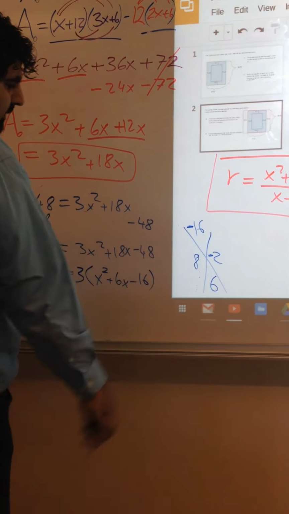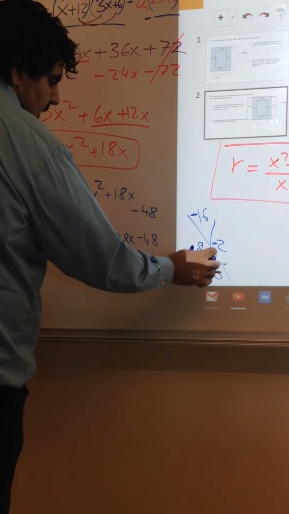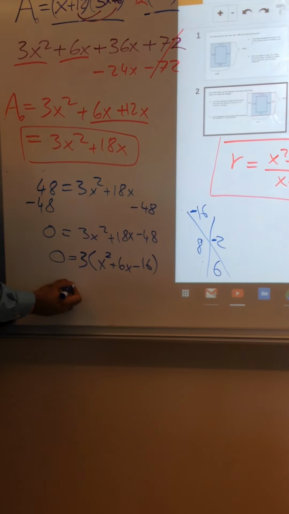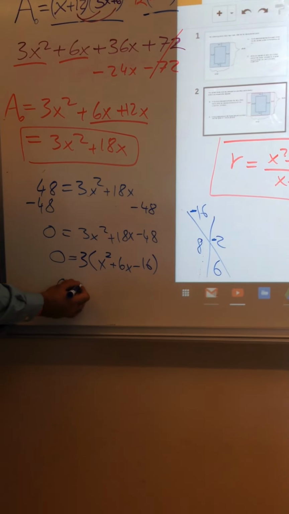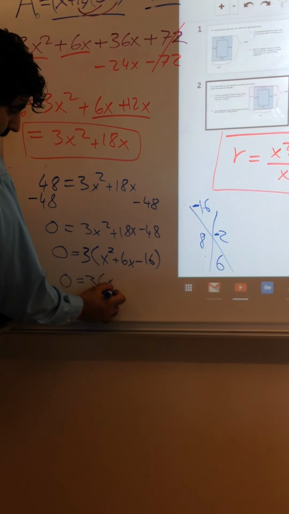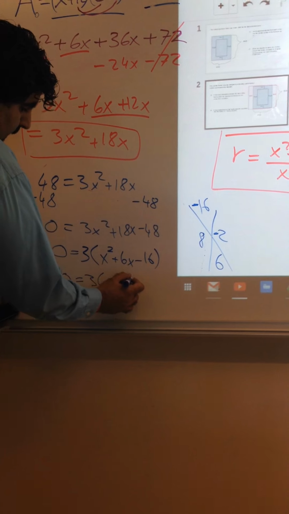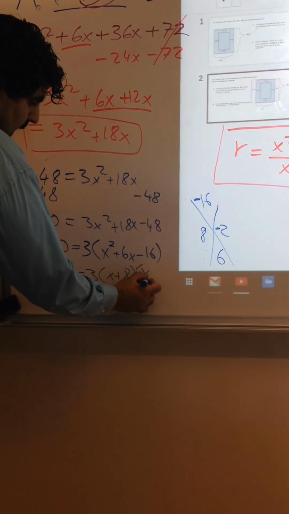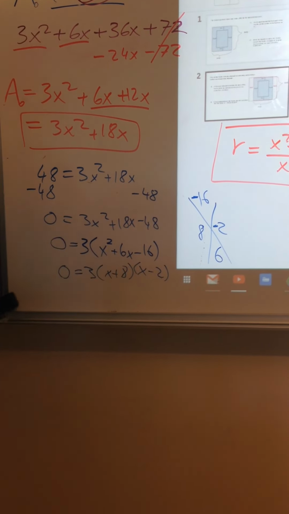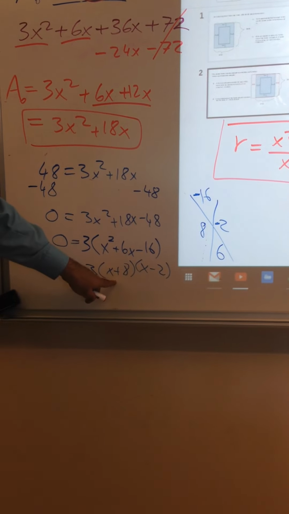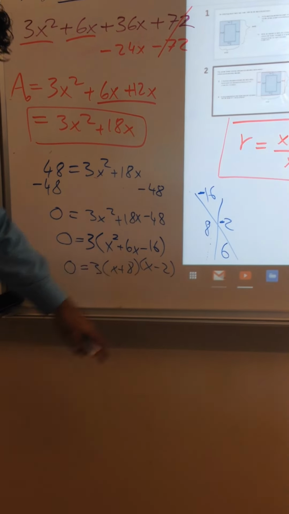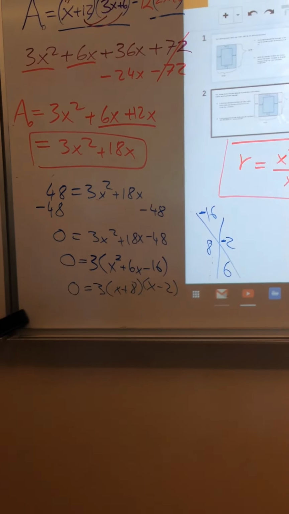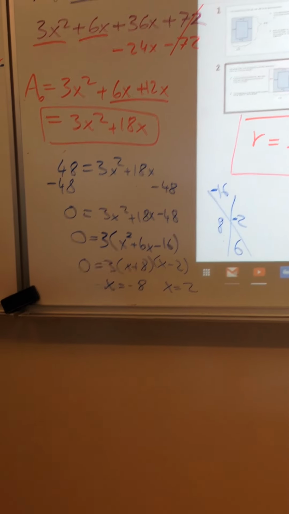They multiply to give us negative 16, they add up to give us 6. So these are the two we're going to go with. So 0 equals 3 times x plus 8, x minus 2, giving us x equaling negative 8 and x equaling positive 2. So we have two solutions.